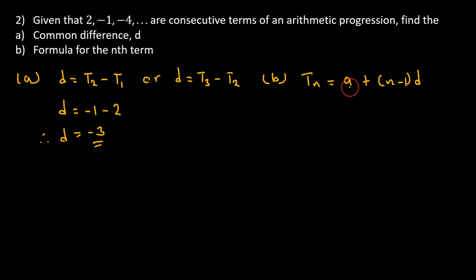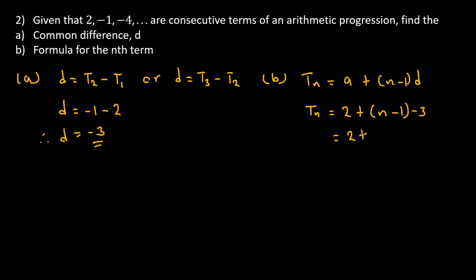We only replace where we have a and d, and leave n the way it is. So Tn equals, what is our first term? It is 2, plus (n minus 1), and where we have d, we replace with our common difference, which is -3.